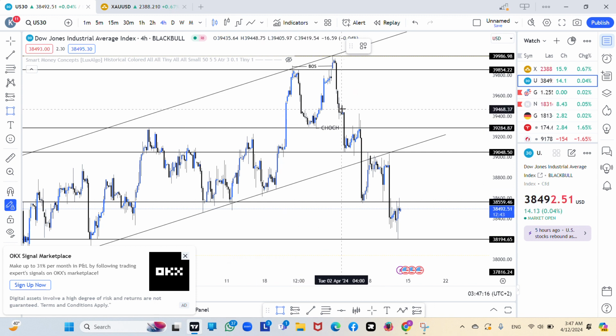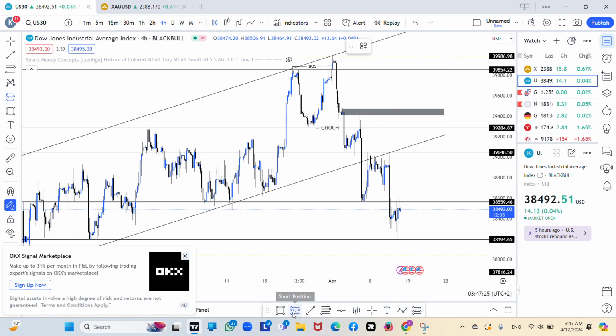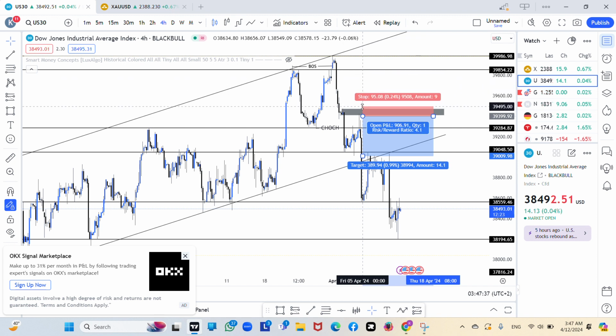And we had a supply right there, and I actually got my entry right there, because if my supply is small or tiny, I actually enter a few pips away from it.